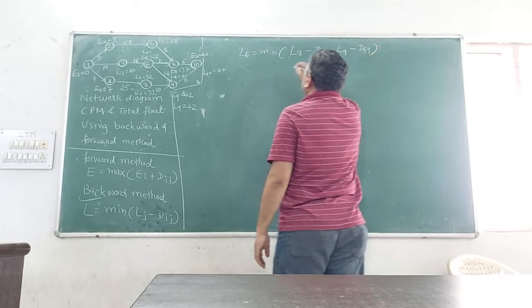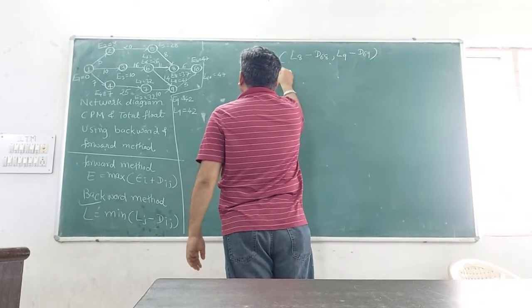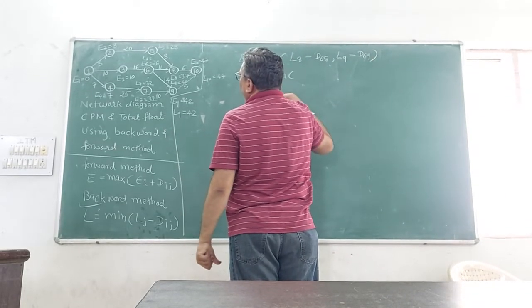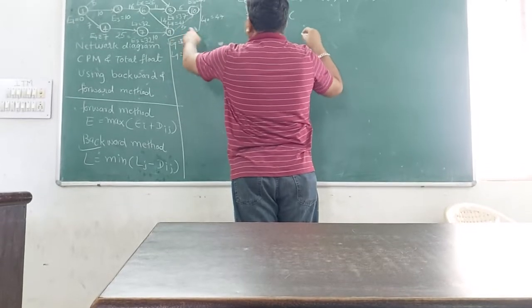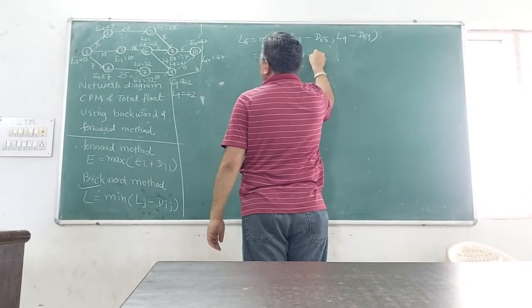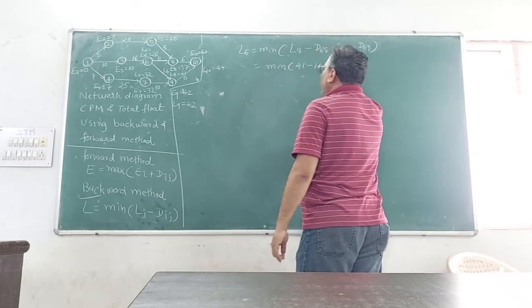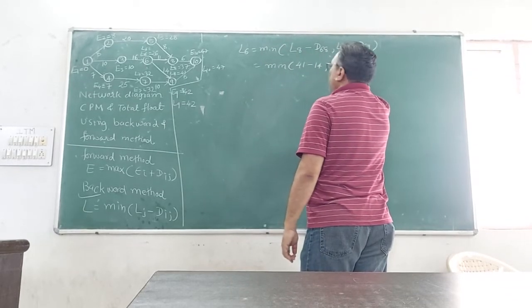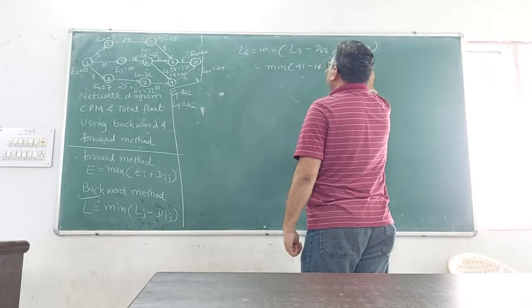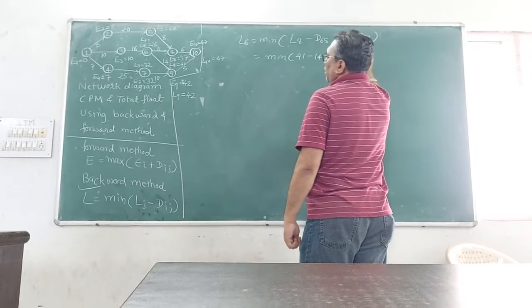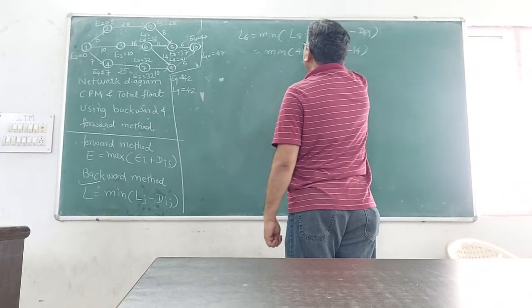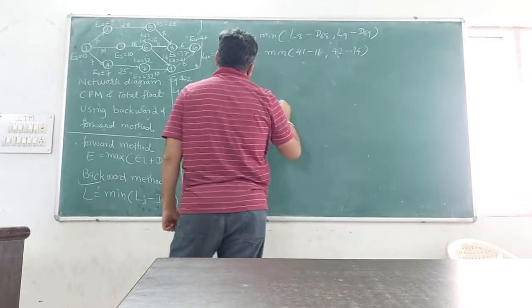Understood? So from this, what is the value of L8? 41 minus D6,8, that is 14. What is the value of L9? 42 minus D6,9, oh, that is 11 over here. Right?